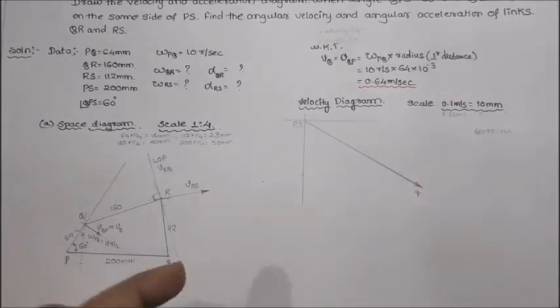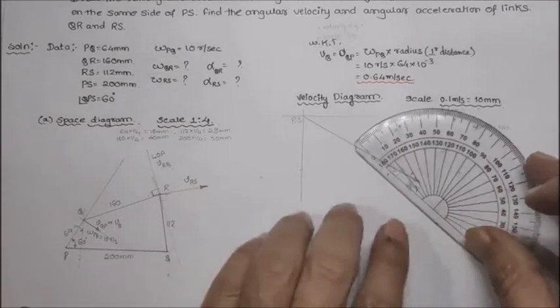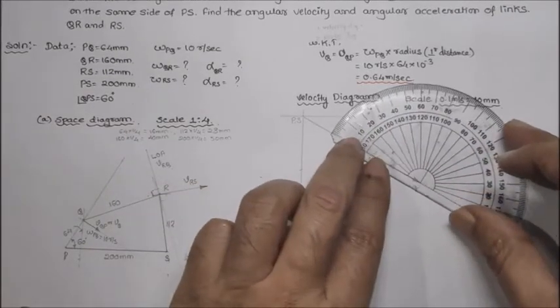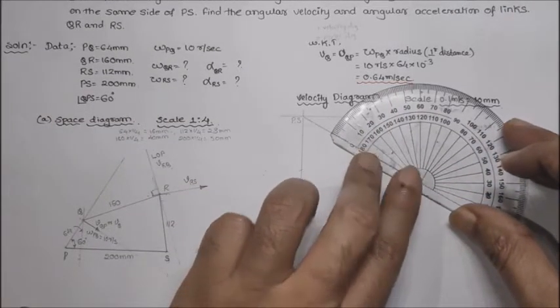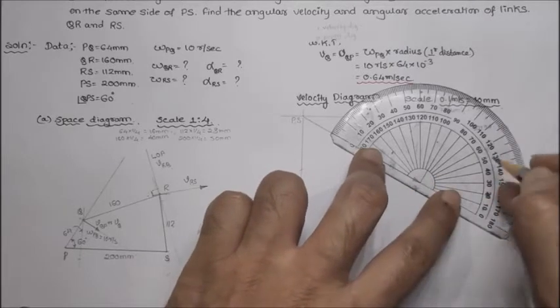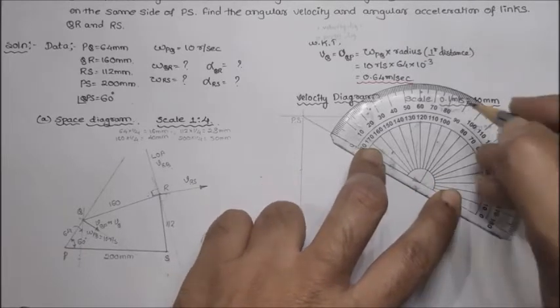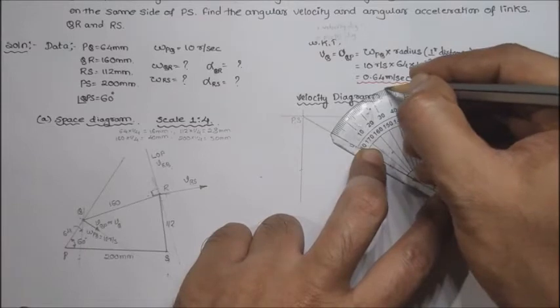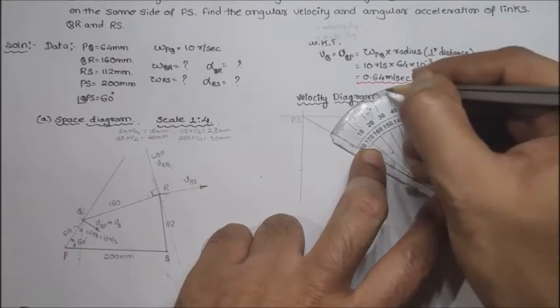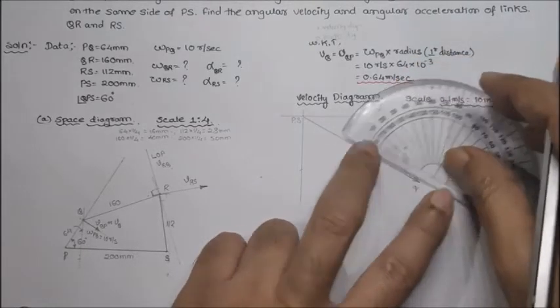So we'll keep our protractor here, and we'll measure that, 50 plus 90, that is 140. We'll get this one.